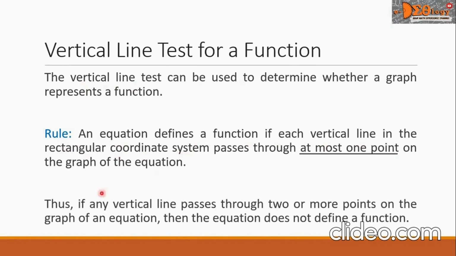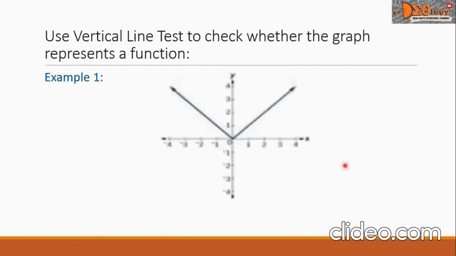Thus, if any vertical line passes through two or more points on the graph of an equation, then the equation does not define a function. Let us see some examples.